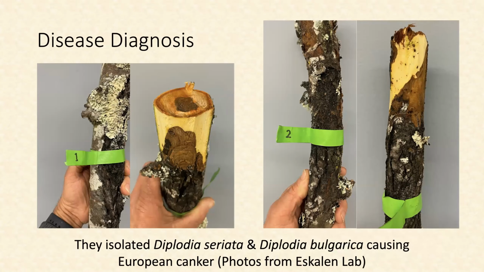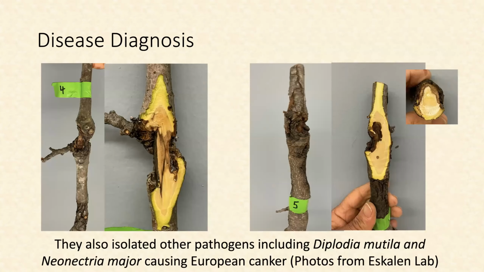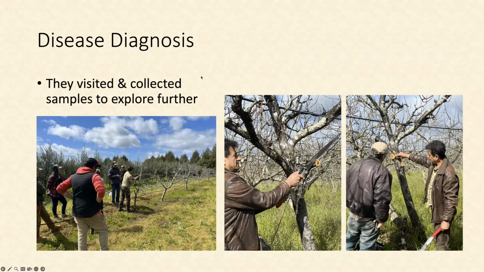So here's what this looked like, just some more examples of what Diplodia can look like on apple branches. We see cankers, discoloration, some more photos from those original samples. Then the lab visited and collected samples to explore all of this further.